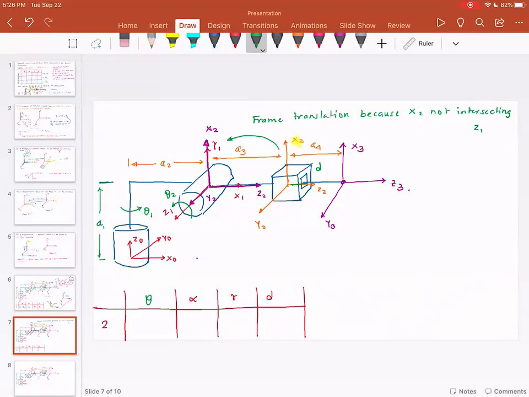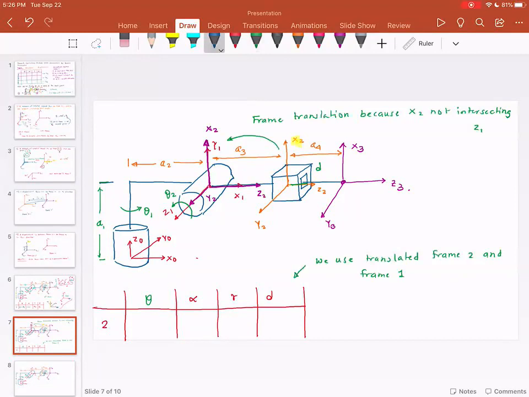So we did the frame translation, and for finding out theta, alpha, R, and D, we use the translated frame 2 and frame 1. So let me draw these frames.